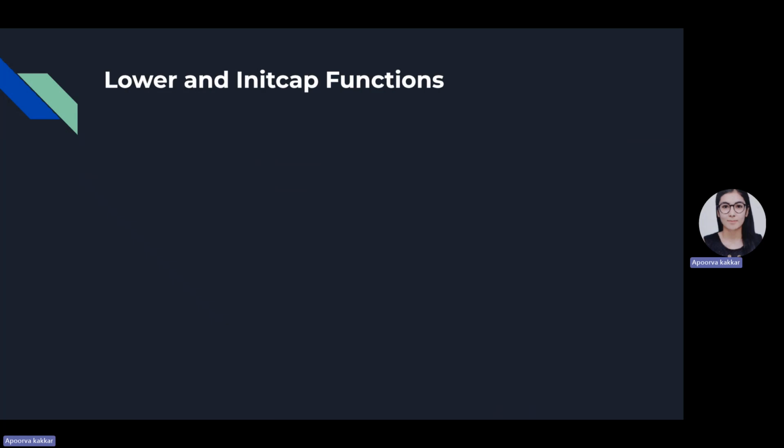Similarly, we can make use of the lower function. Lower is used to convert a string with all the characters in lowercase, and initcap is a function which is used to convert a string in such a way that the first character is in uppercase and all other characters are in lowercase.